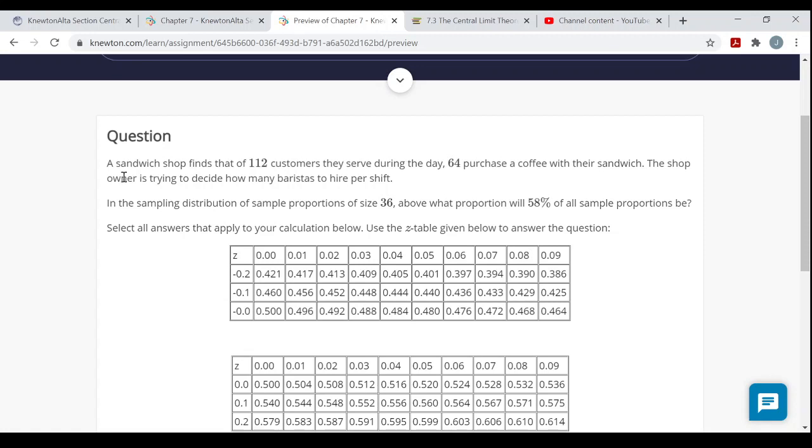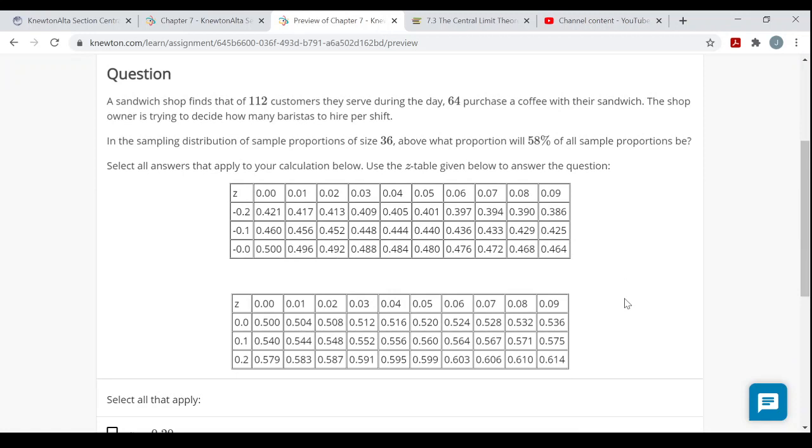The shop owner is trying to decide how many baristas to hire per shift. So in the sampling distribution of sample proportions of size 36, above what proportion will 58% of all sample proportions be? All right, so we are trying to find this. All right, so on a piece of paper here.